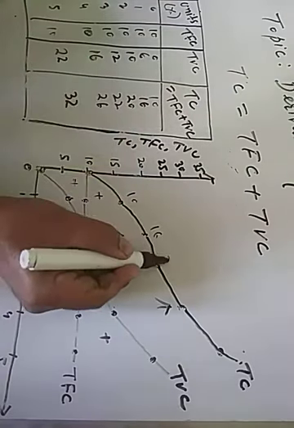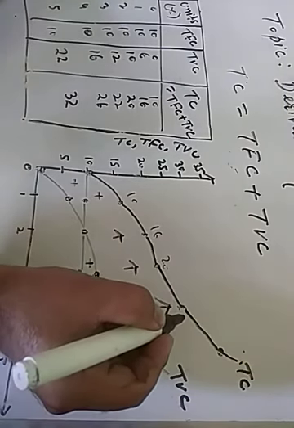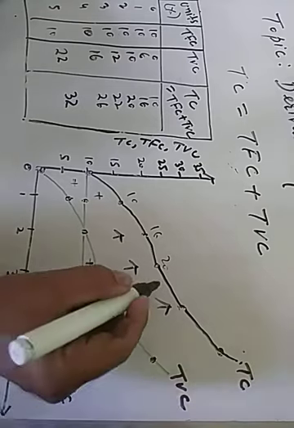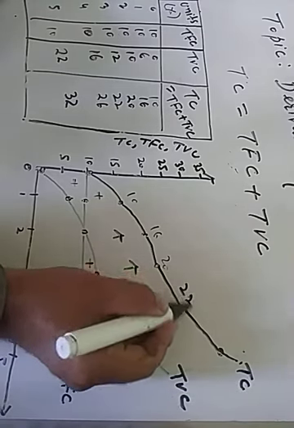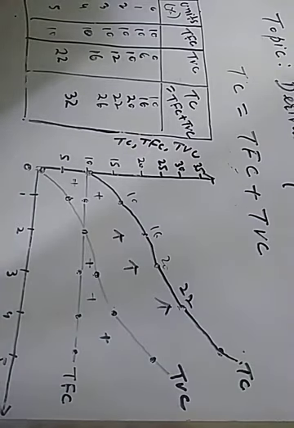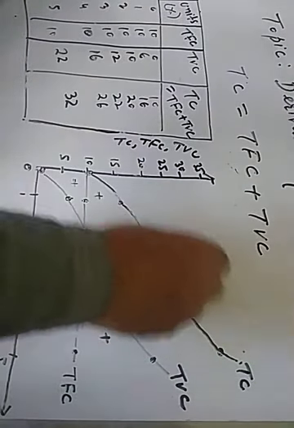And these points show total cost equal to 10, 16, 20, 22, and sorry, I have written wrong values.